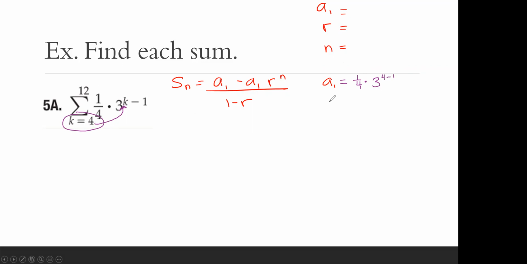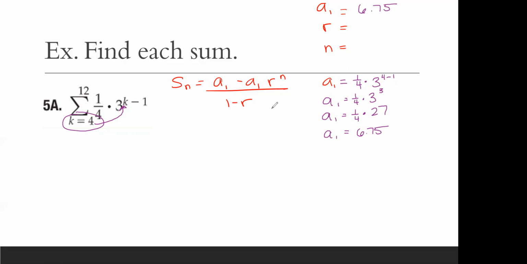So we get 1/4 times 3 to the power of 3, and 3 to the power of 3 is equal to 27. And then 1/4 of 27 is 6 and 3/4, or 6.75. So now we know the first term is 6.75.